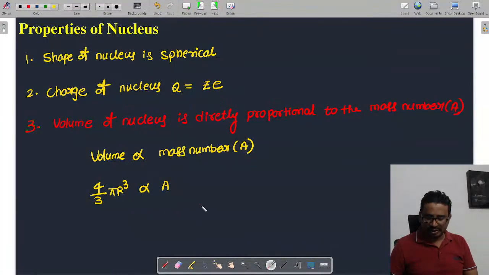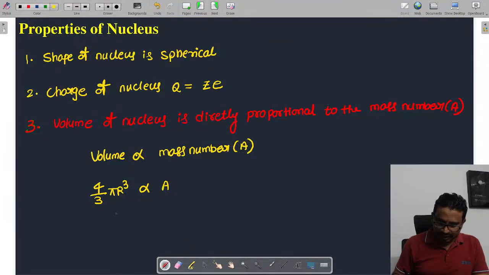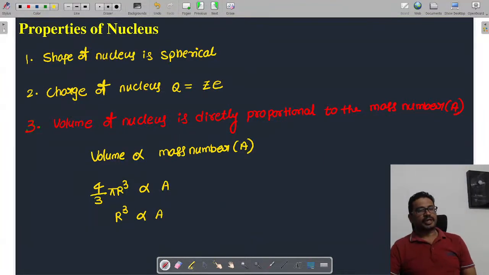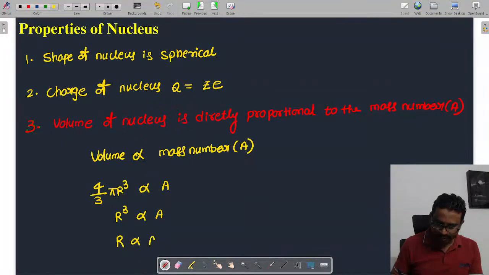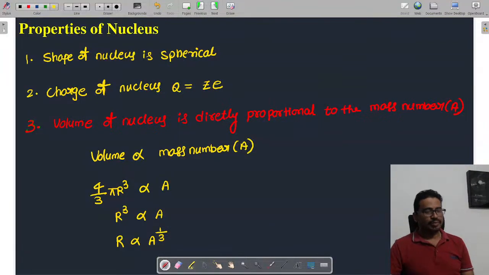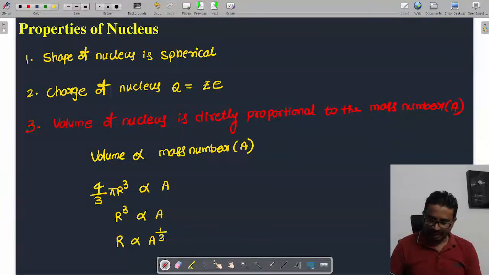When I bring it to the other side, I can simply write r cube proportional to A. That part 4 by 3 pi is a constant now. So I can write it as what? Tell me now here, r proportional to A power 1 by 3.